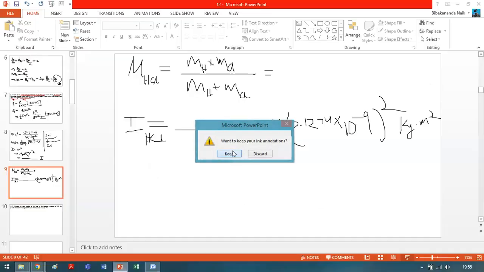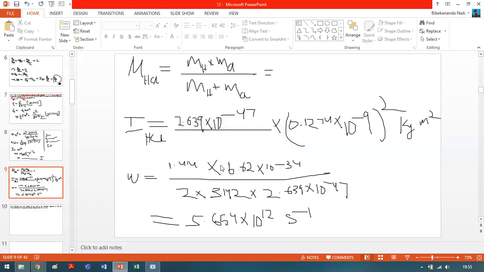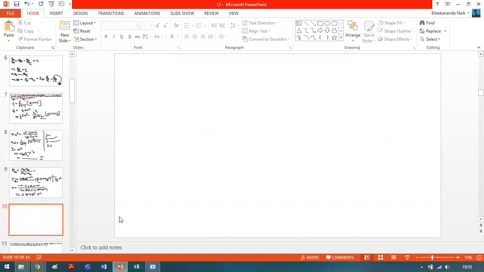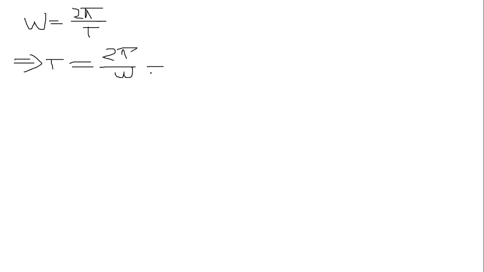So I will need another slide. We know omega is 2 pi by T. That implies T equals 2 pi by omega.